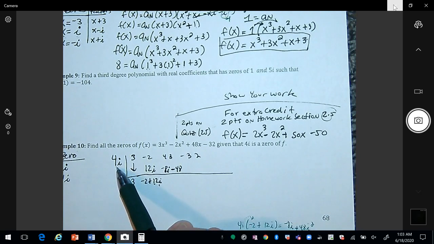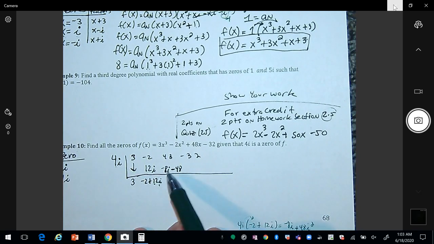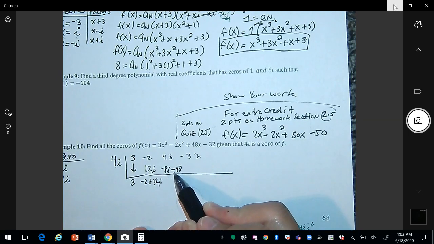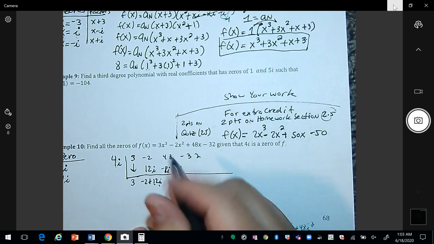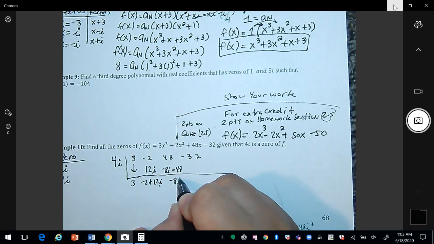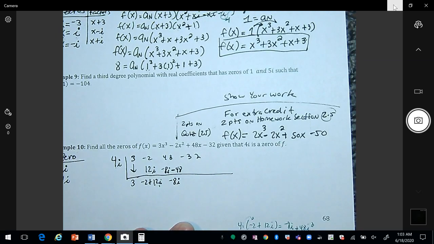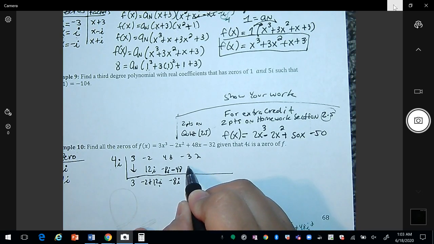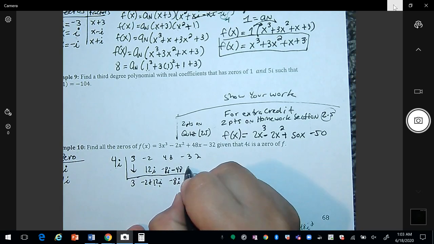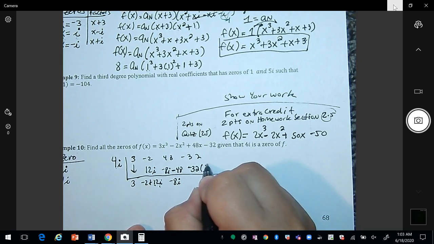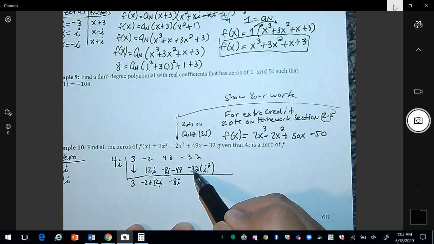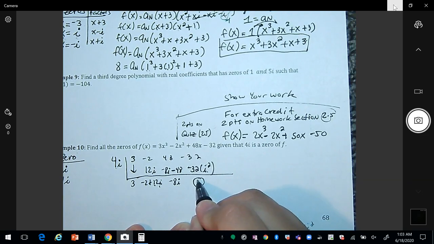So now -8i minus 48 plus 48 is just going to give me a -8i times 4i. That gives me a -32i squared. i squared is negative, making that a positive 32 plus a -32, so that's going to give me 0.